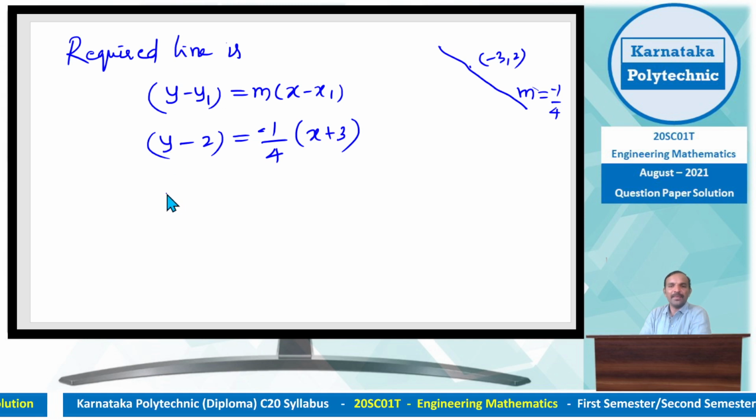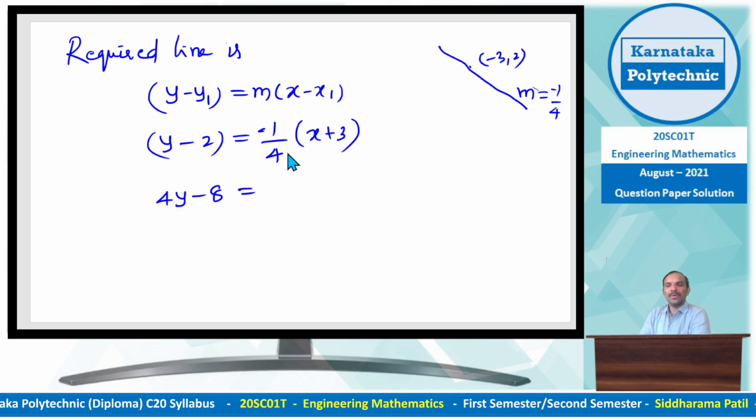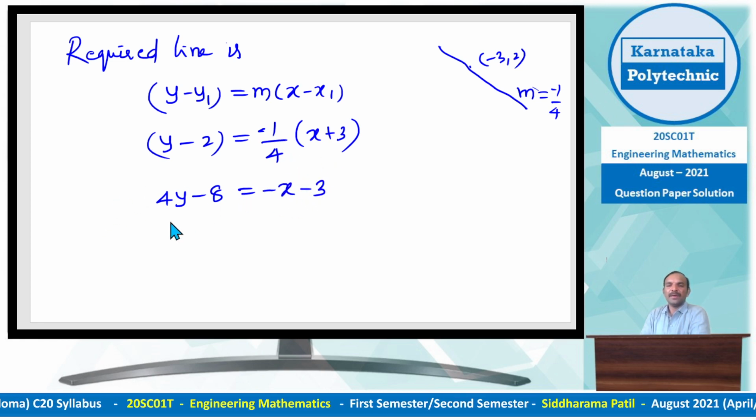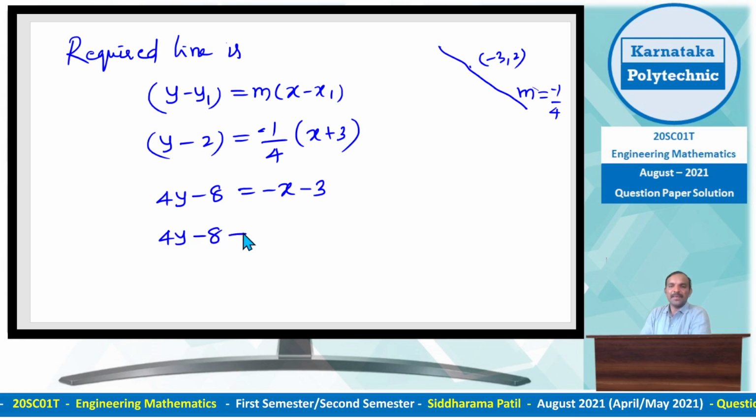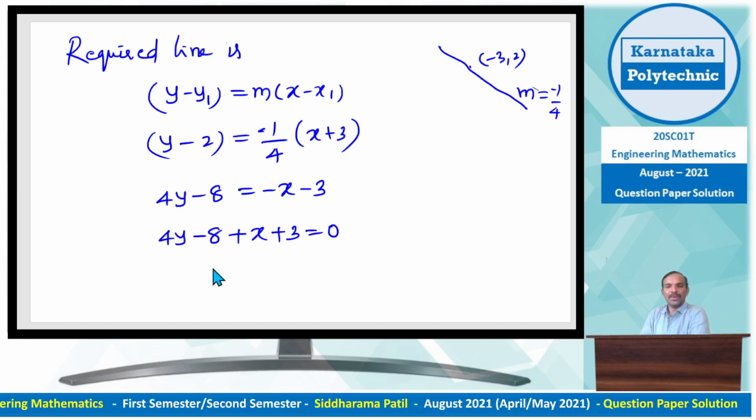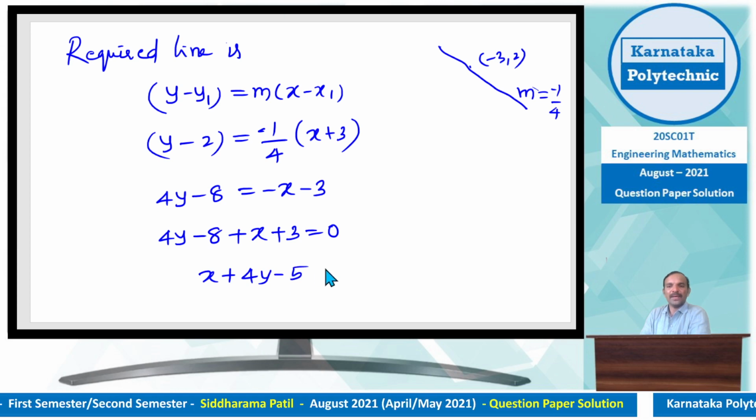Cross multiply. 4y minus 8 equal to minus x minus 3. 4y minus 8 plus x plus 3 equal to 0. That is x plus 4y minus 5 equal to 0.